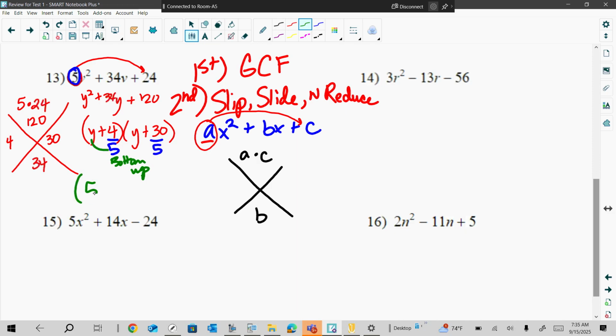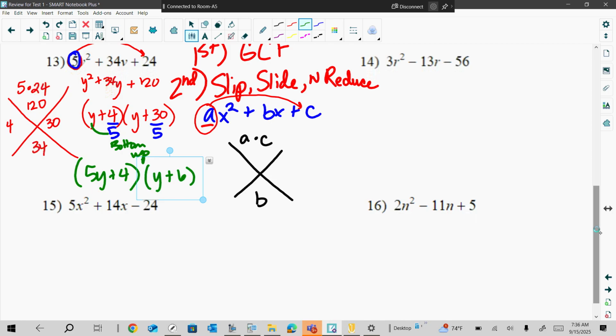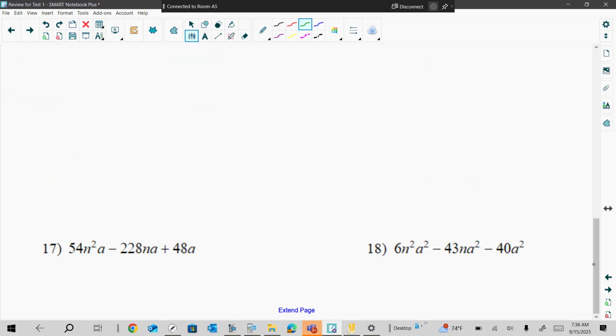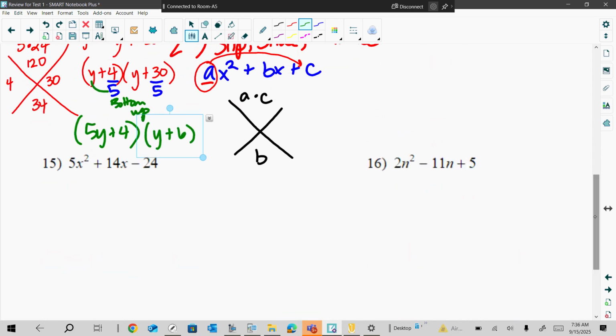So this is 5y plus 4. 30 over 5 can reduce to just 6. So y plus 6. Make sure you slide and reduce.